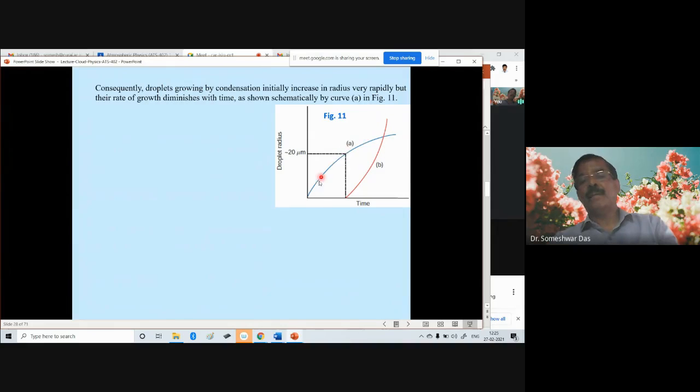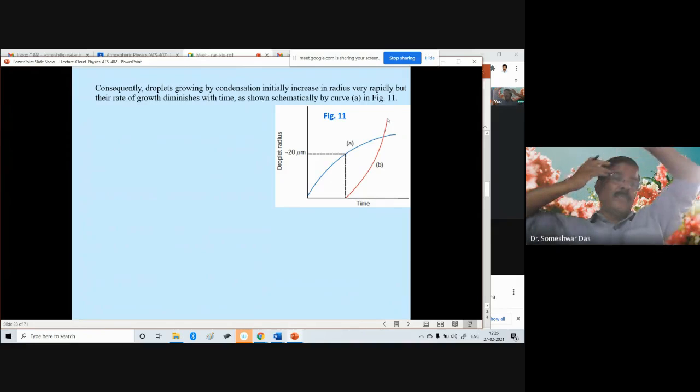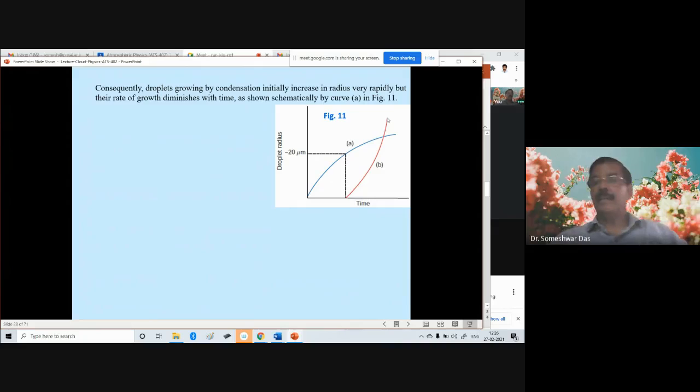The blue curve is the growth only because of condensation and coalescence, and the red curve is the growth due to the collision of the cloud liquid water droplets. So the growth of the water droplets inside real clouds cannot be explained by the condensation and coalescence process alone.